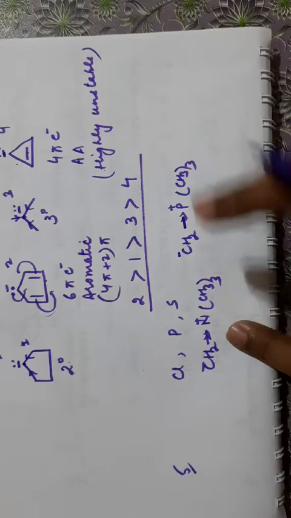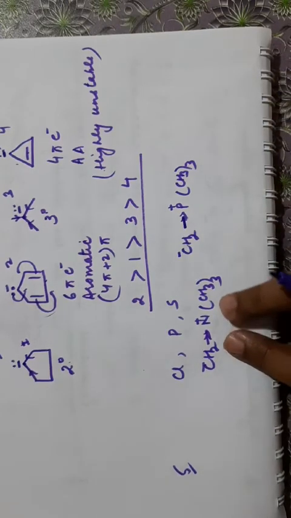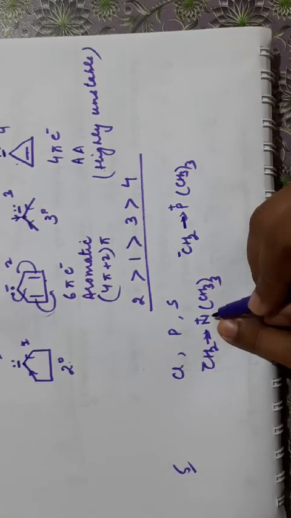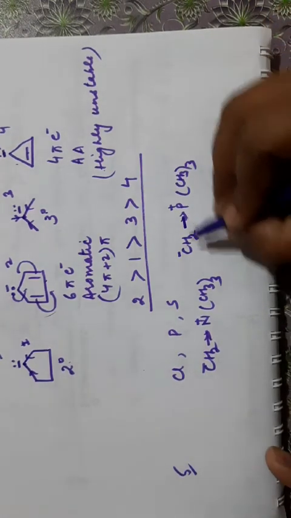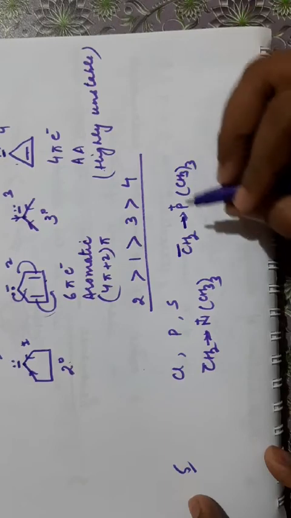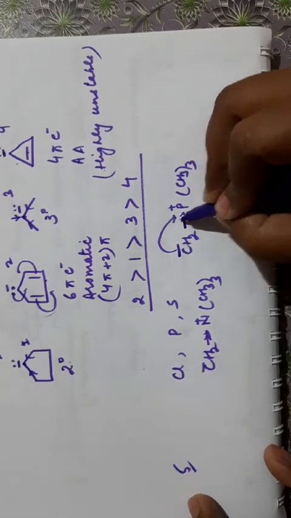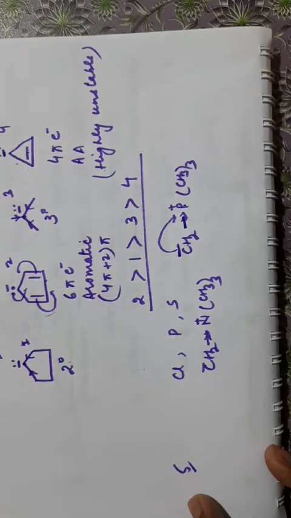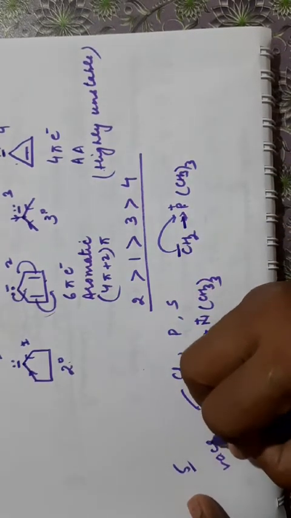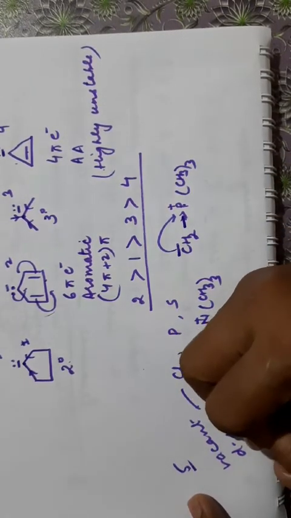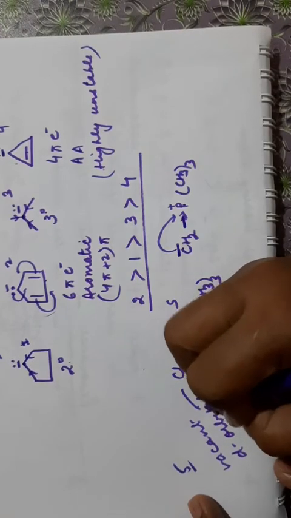Now nitrogen is more electronegative than phosphorus, so the stronger inductive effect will be operated by this nitrogen. But there is a difference here. This negative charge is delocalized into the vacant d orbital of the phosphorus atom. So all these atoms have vacant d orbitals. Due to the presence of vacant d orbitals, what happens?